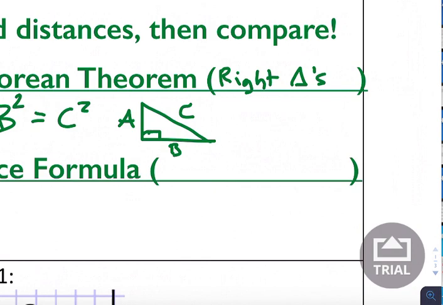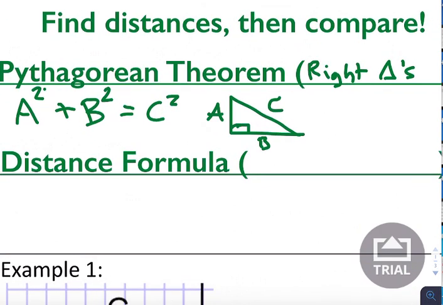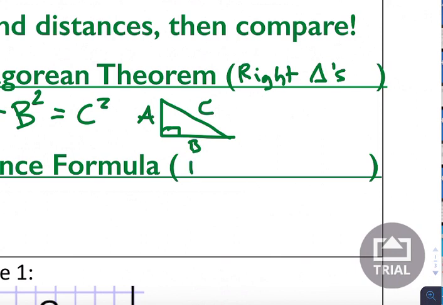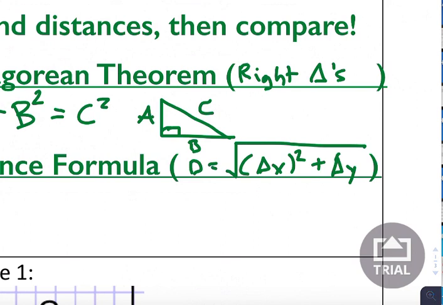So that's the Pythagorean theorem, but we also have something called the distance formula, which, the truth is, is the same exact thing as the Pythagorean theorem, but generalized to use points. And so the distance formula, if d stands for distance, is the square root of the change in x squared plus the change in y squared.